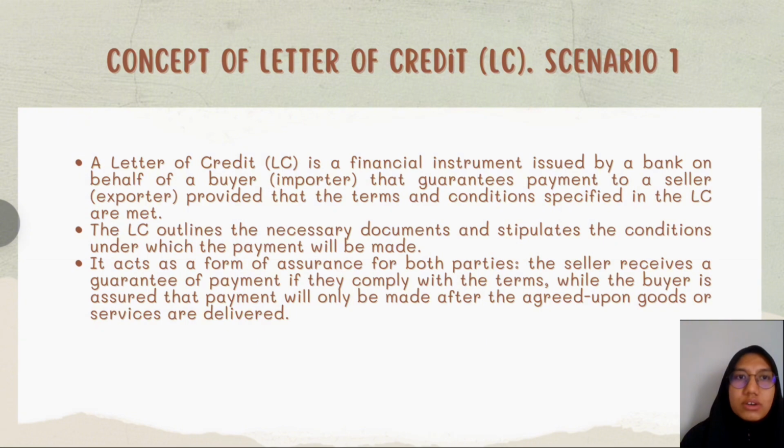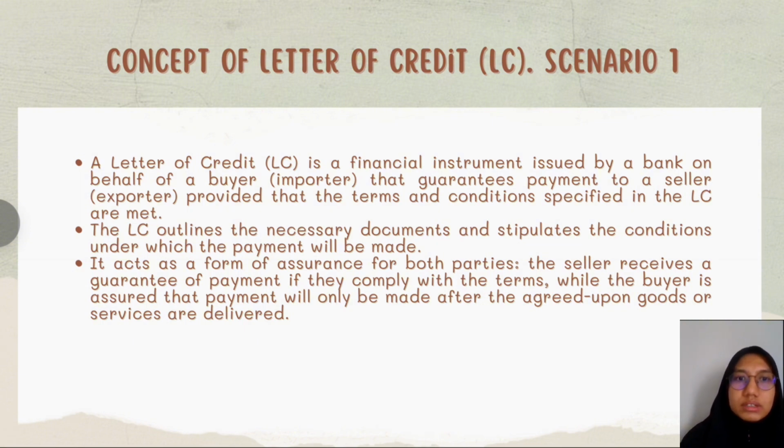Alright, first is the concept of the letter of credit for scenario 1. A letter of credit (LC) is a financial instrument issued by a bank on behalf of the buyer (importer) that guarantees payment to a seller (exporter), provided that the terms and conditions specified in the LC are met.